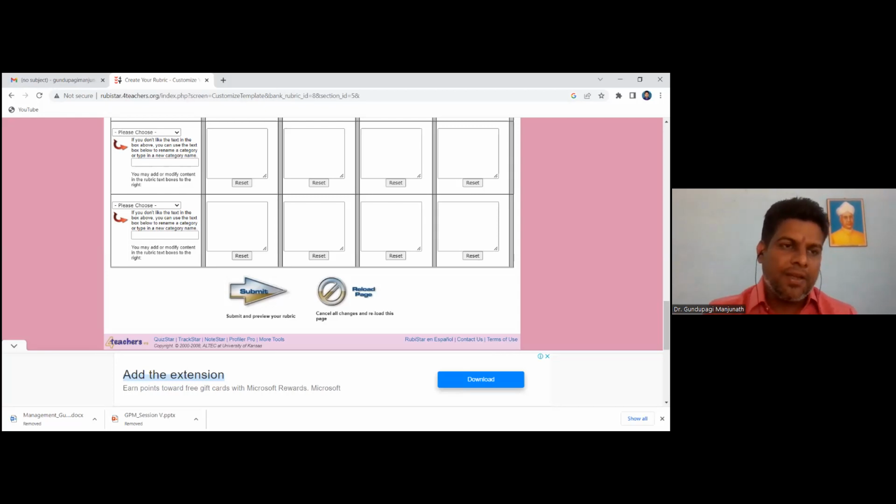I have that in my presentation also, but it takes a lot of time. This one, framing of questions: double-barreled questions, open-ended questions, authentic questions, focused, actionable, one-sided. While framing the questions, we have to follow certain rules and regulations.